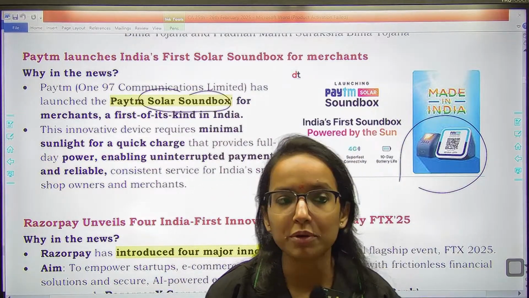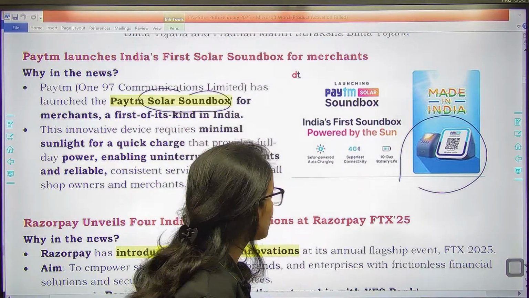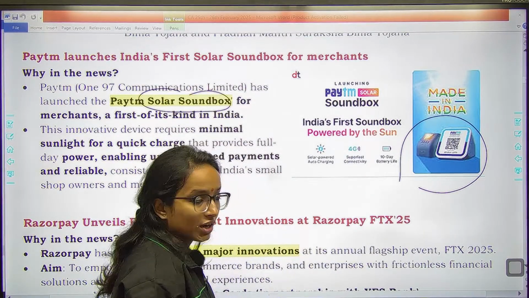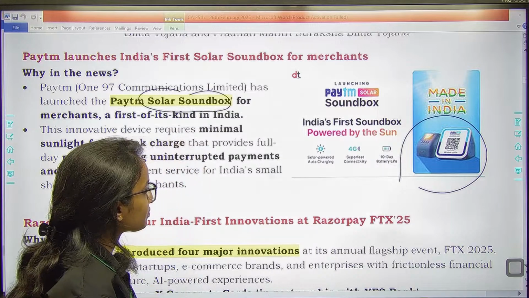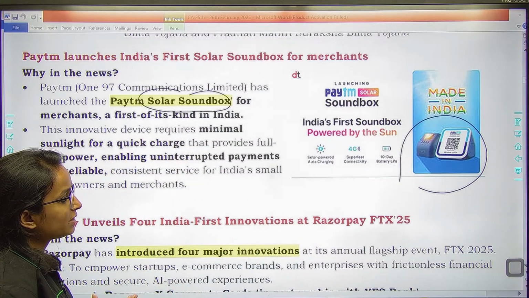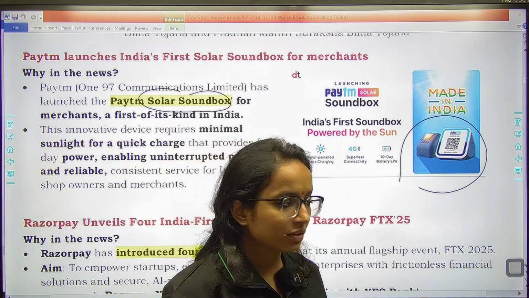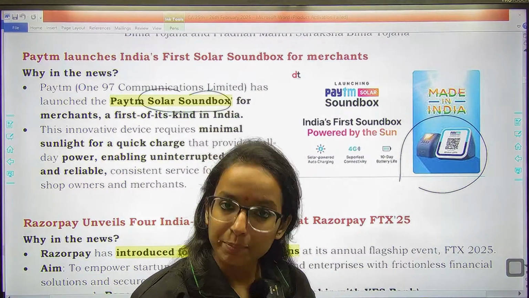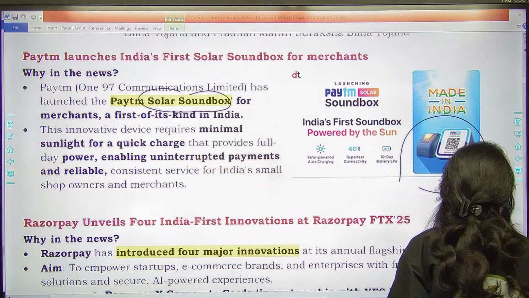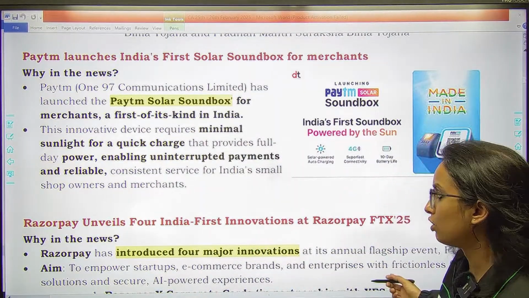So charging यहाँ पर बच जाएगी, and solar power से it would run. Solar powered auto charging है, and 4G connectivity है almost. So this is India's first soundbox powered by the sun. Please remember this. This is important. It has been launched by Paytm. थोड़ी सी देर sunlight लेने के बाद ही it would be working for quite long hours.